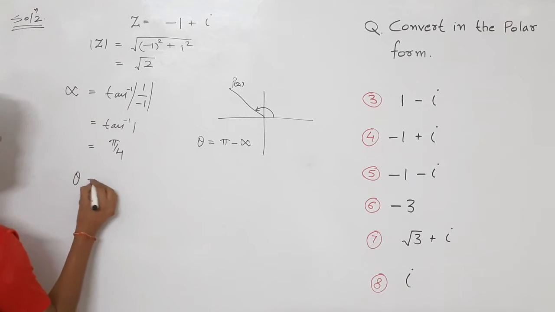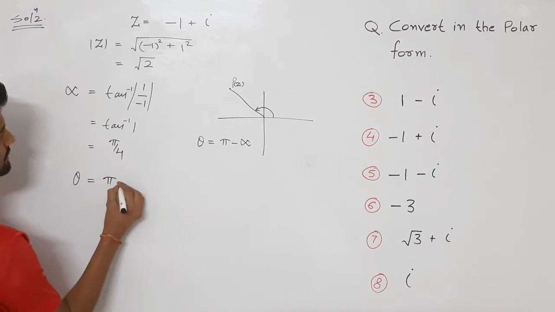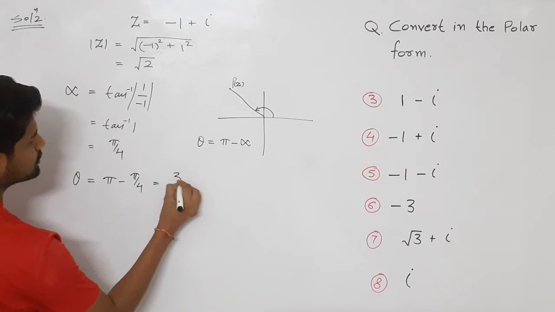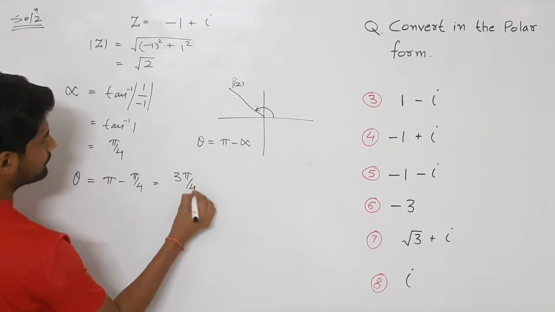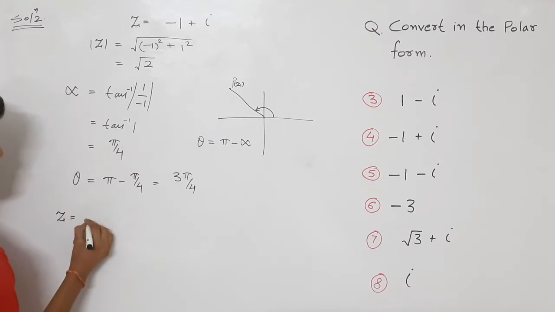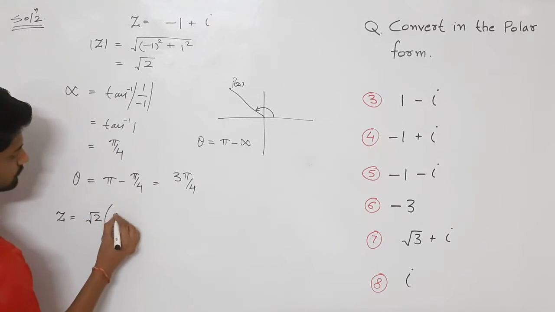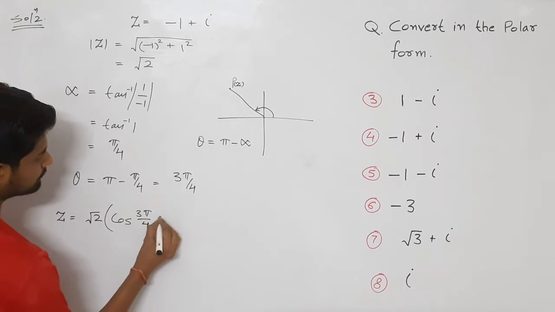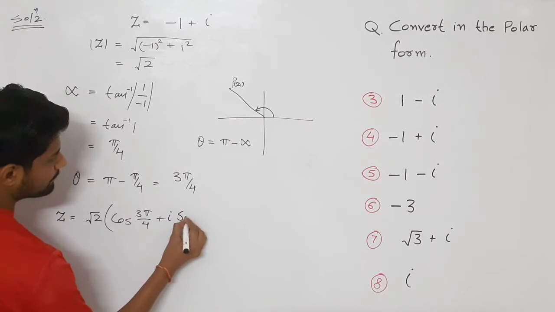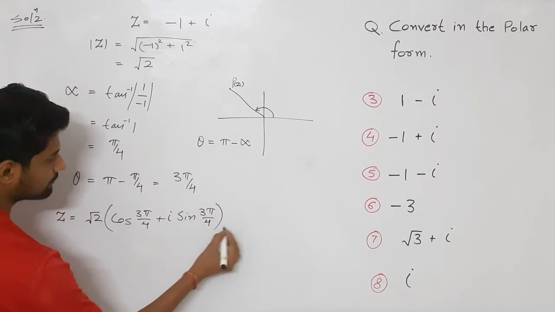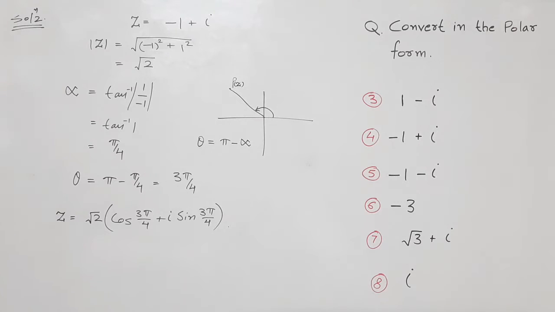So in this case, principal argument will be pi minus pi by 4, which is equal to 3 pi by 4. Now I can write this complex number in the polar form as root 2 cos 3 pi by 4 plus iota sin 3 pi by 4. Okay.